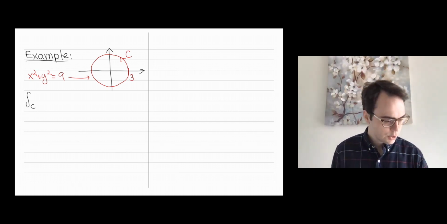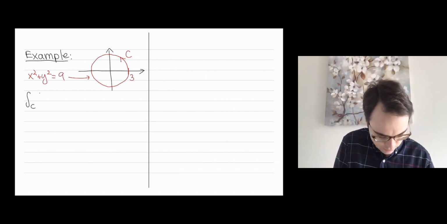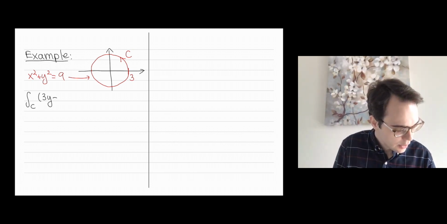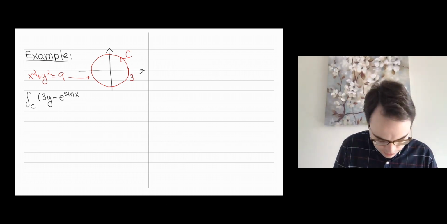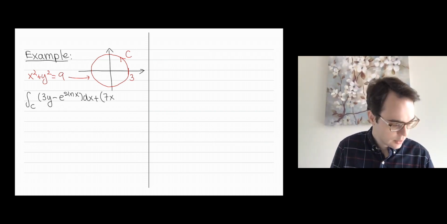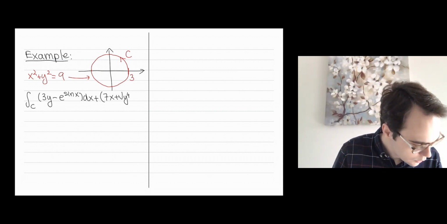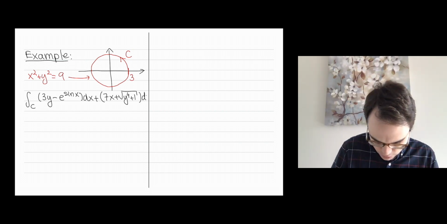Now the integral over this circle I'm interested in doing is the integral of (3y minus e to the sine x) times dx plus, and then the function in front of the dy is 7x plus root of y to the fourth plus 1, times dy.